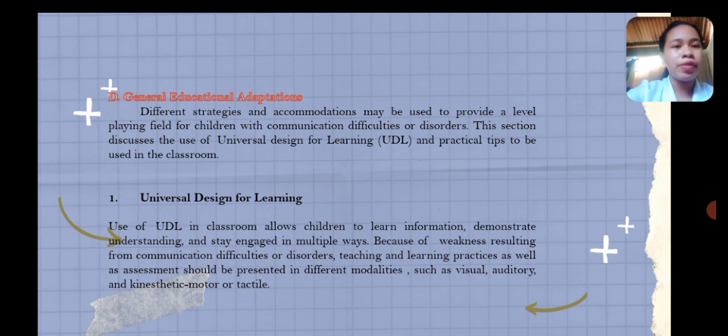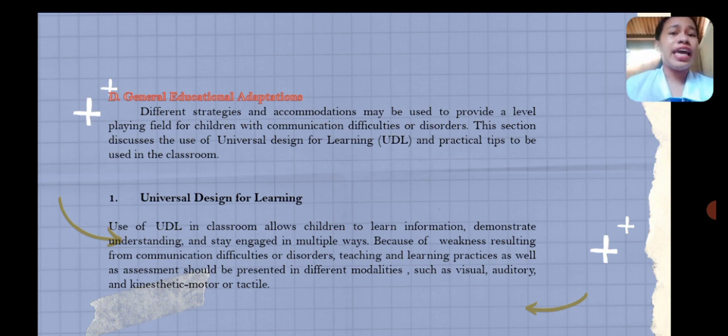General educational adaptations. Different strategies and accommodations may be used to provide a level playing field for children with communication difficulties or disorders. These adaptations are new ways or changes to general and special education that are needed for students with difficulties to meet and achieve their goals and objectives.